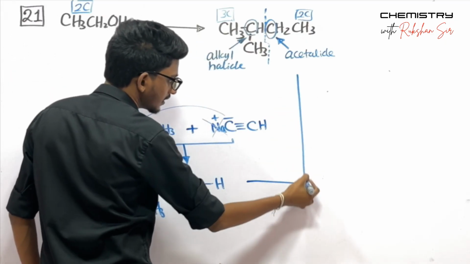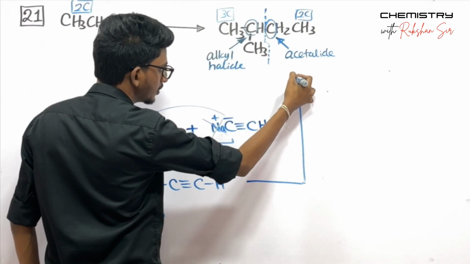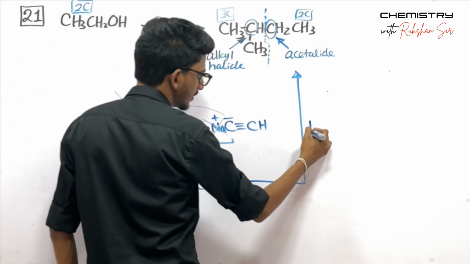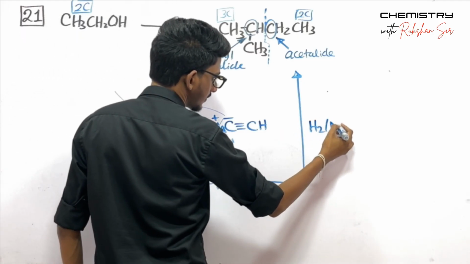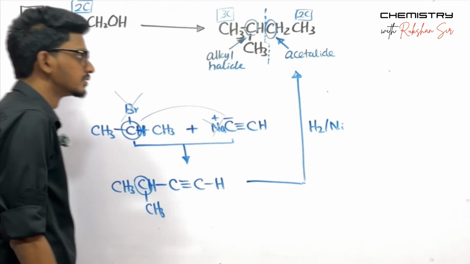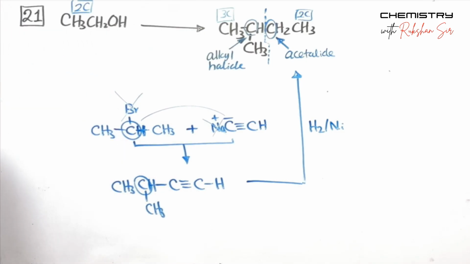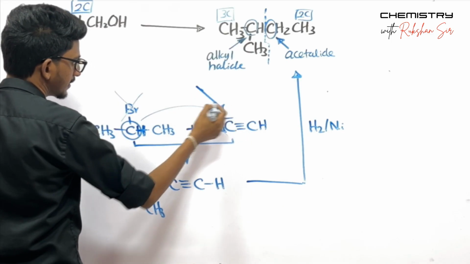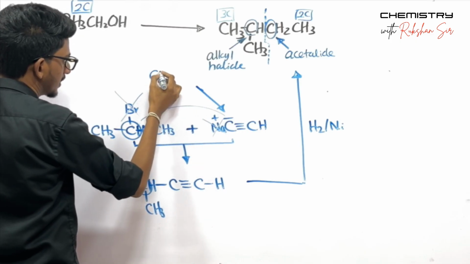Just adding H2 platinum, H2 nickel, H2 palladium to utilize this section. This is the slide. So slides are coming from terminal alkynes. Proceed to come with terminal alkynes.